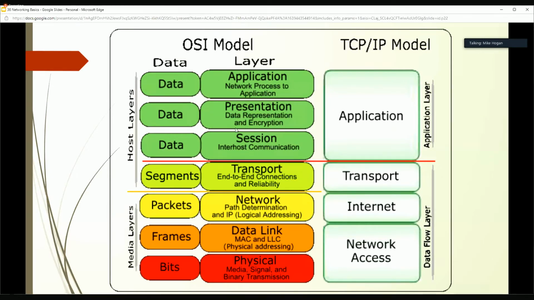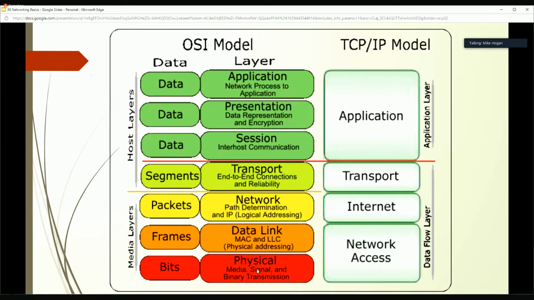If you notice, just by looking at the top and the bottom, here we are at the application layer, which is closest to the end user. Then we get down to our media, our signal, binary transmission, the actual physical media connection, whatever cable it may be, or wireless.